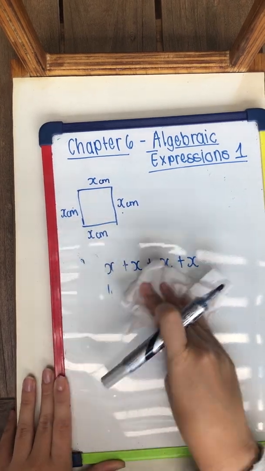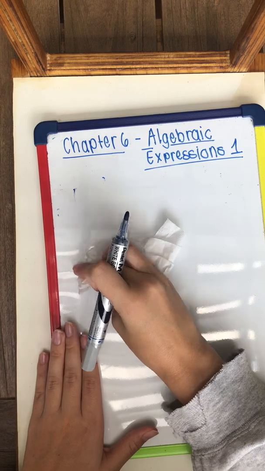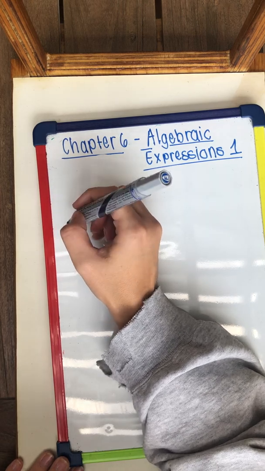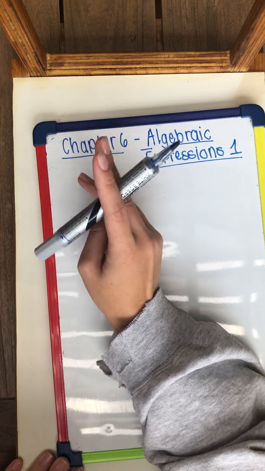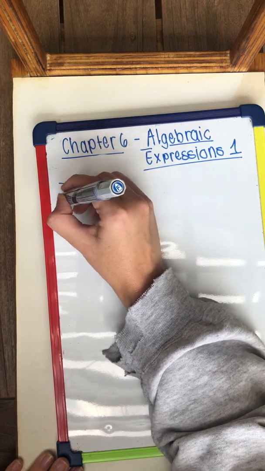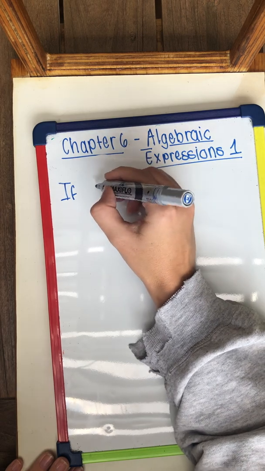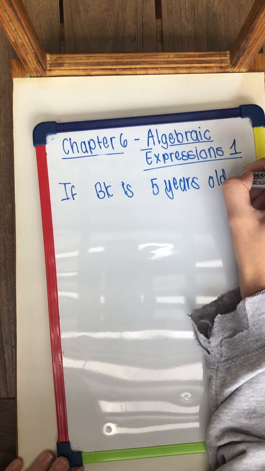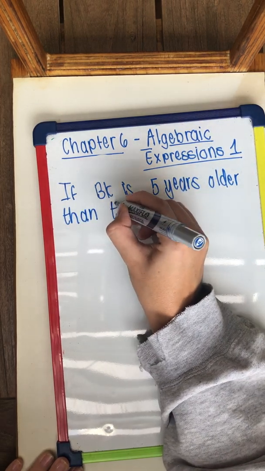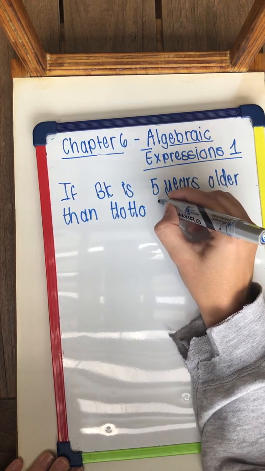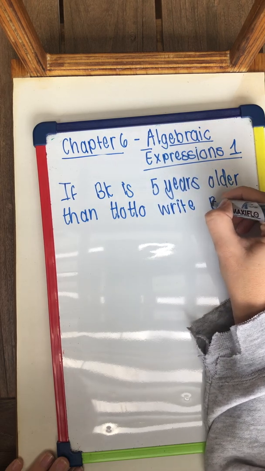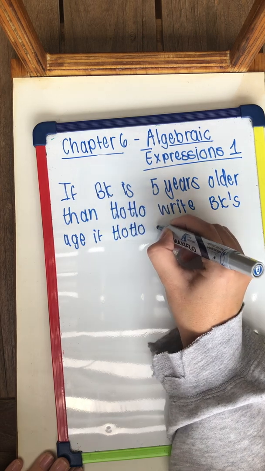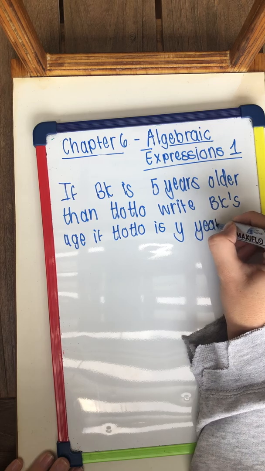Let me think. So I say if BK is 5 years older than Tlotlo, write BK's age if Tlotlo is Y years old.